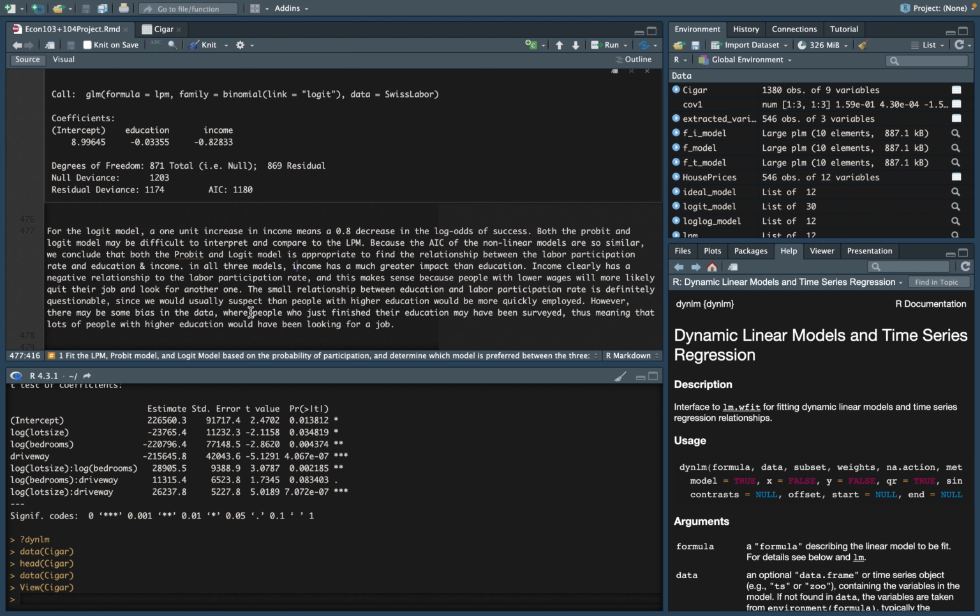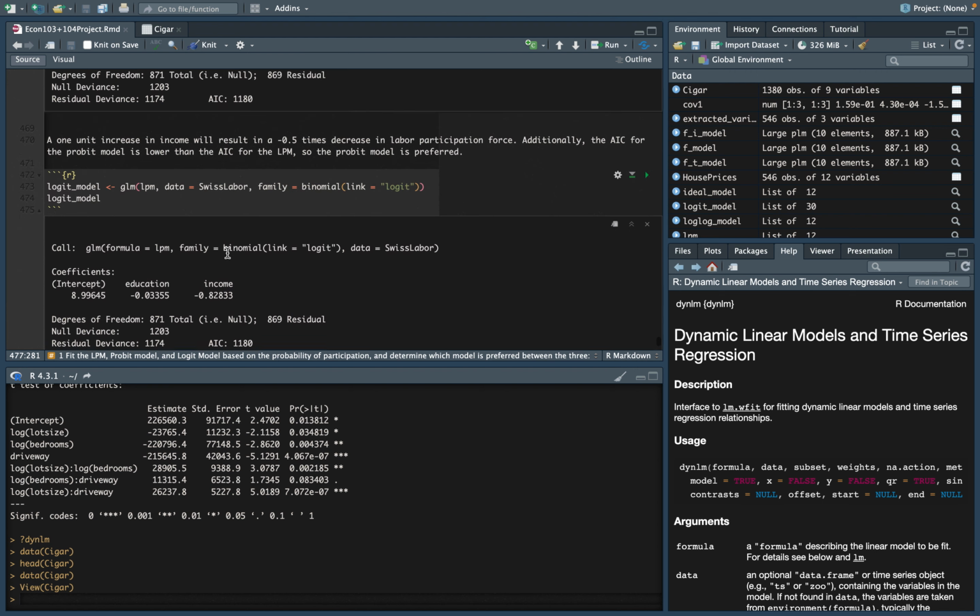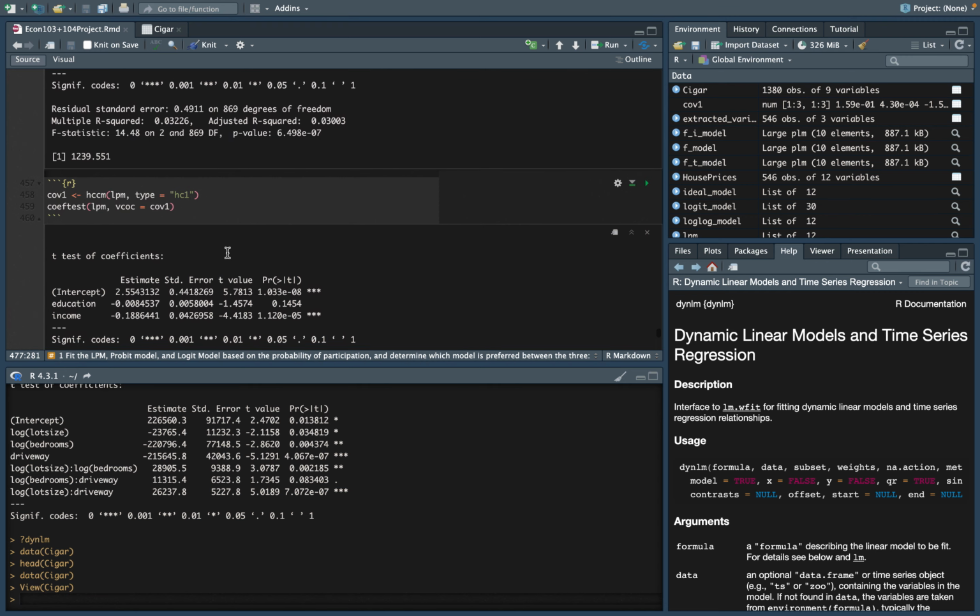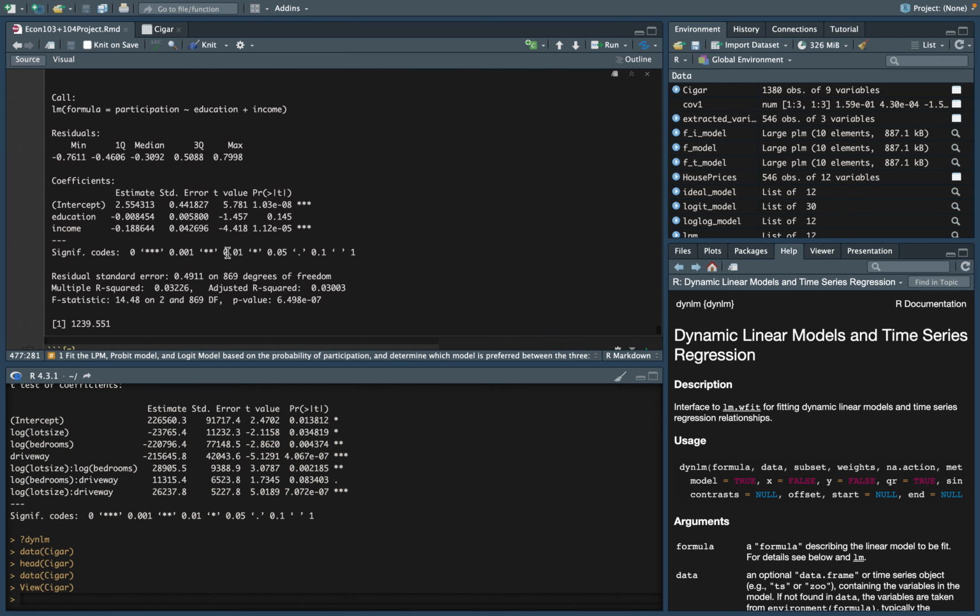But I guess if we survey people that just graduated or just finished their education and are looking for a job, then this coefficient makes sense because it can be a balance of both. But yeah, that is basically it for the analysis of these different models of binary outcomes.